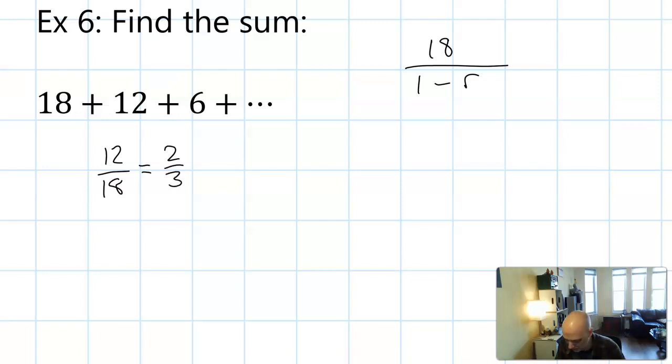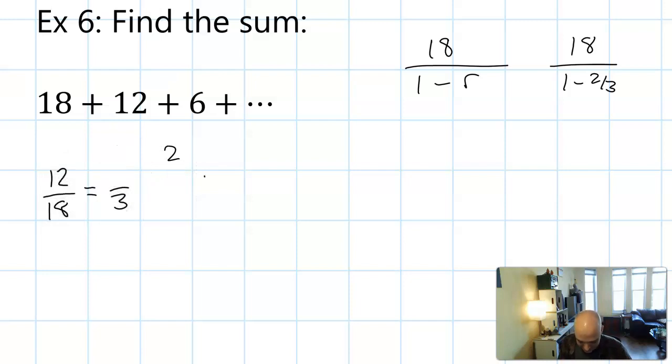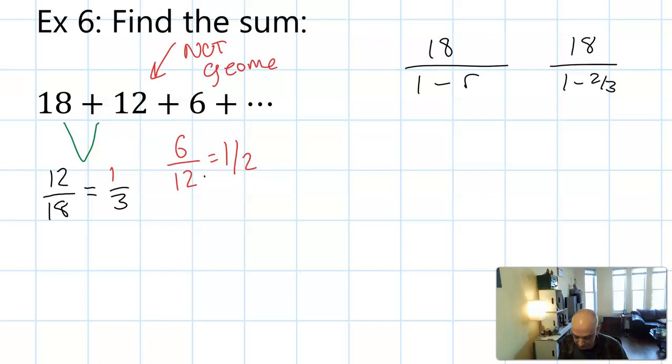Okay, so it's 1 minus 2/3. But wait, I have tried to fool you again, right? That's a ratio here, but what if you did 6 over 12? That's a ratio of 1/2. This is not geometric.